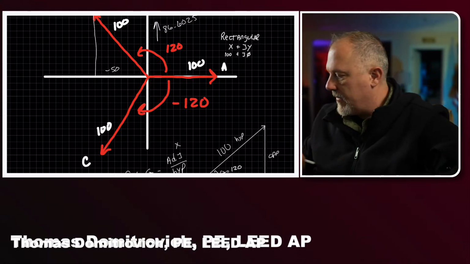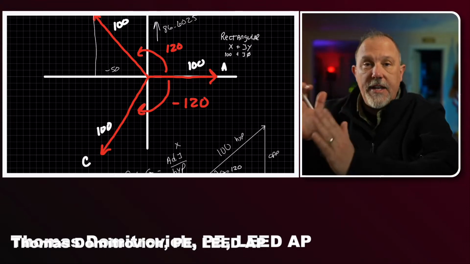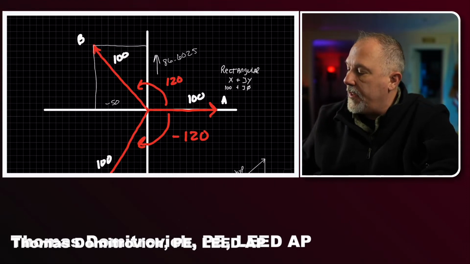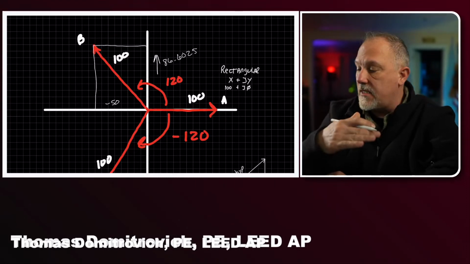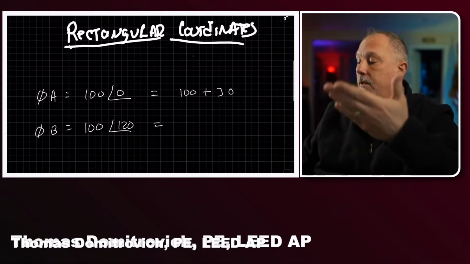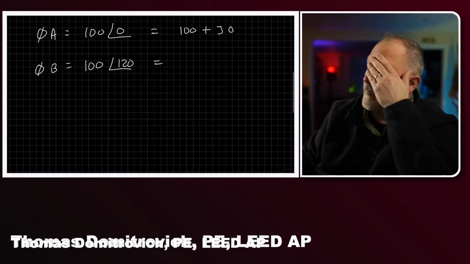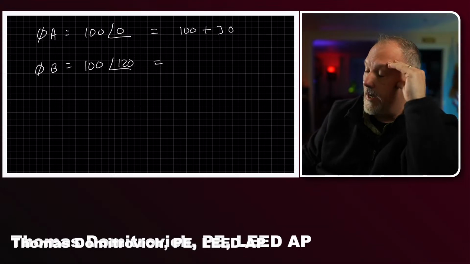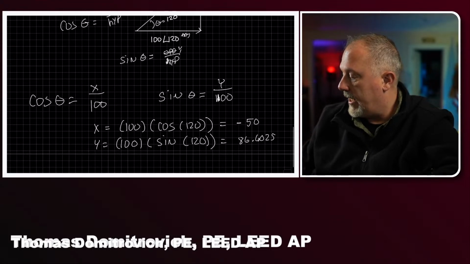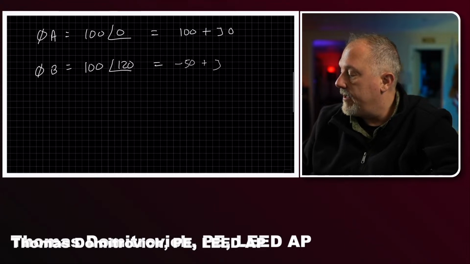All right. So now we know the phasor. So we have the polar, rectangular, and we know that the x-axis is minus 50, and the y-axis is 86.6025. So we said this was minus 50 plus j86.6025.